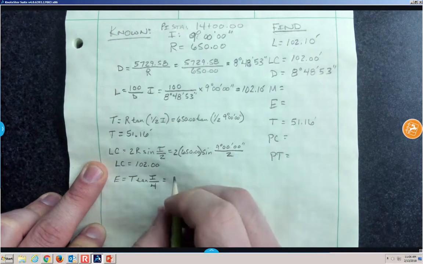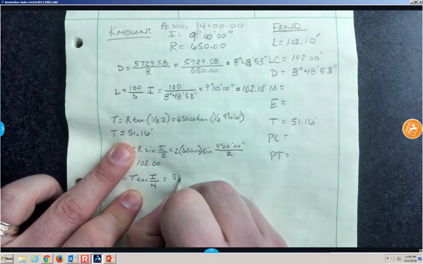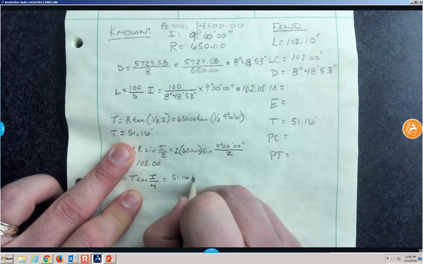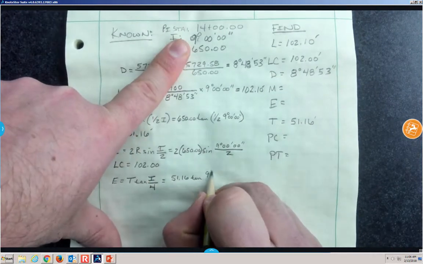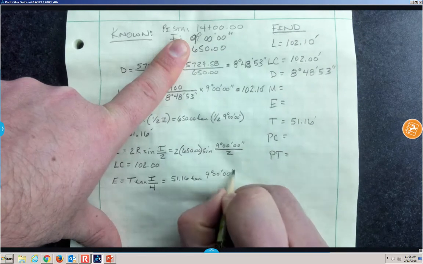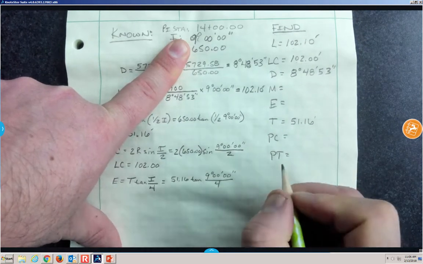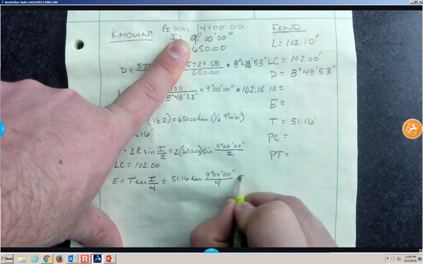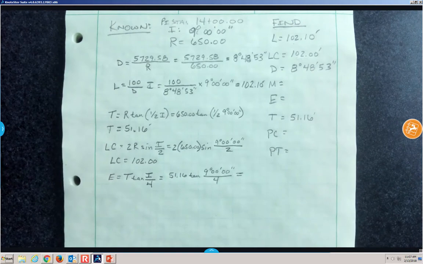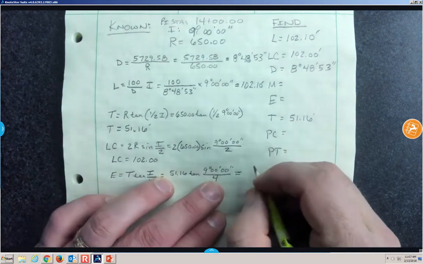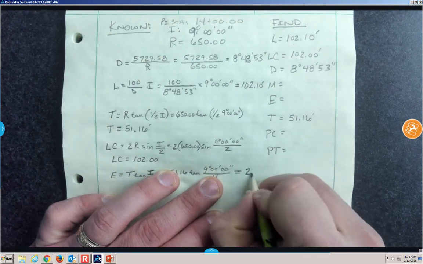So T is our 51.16 times tangent of I, 9 degrees 00 minutes 00 seconds over 4. And that's going to equal something that you guys tell me. 2.01.